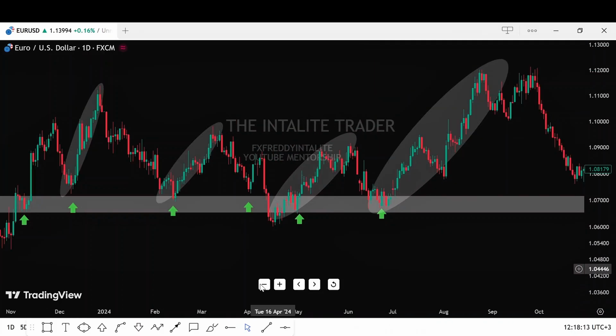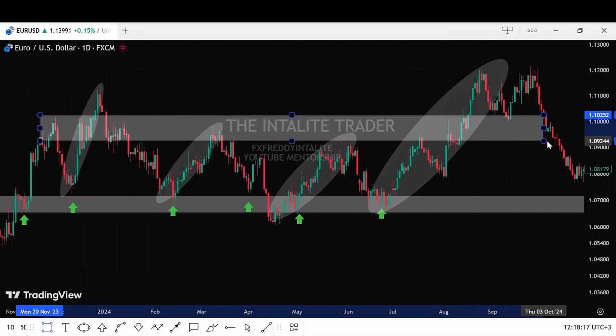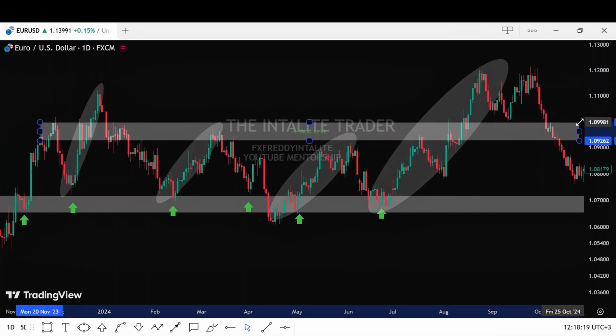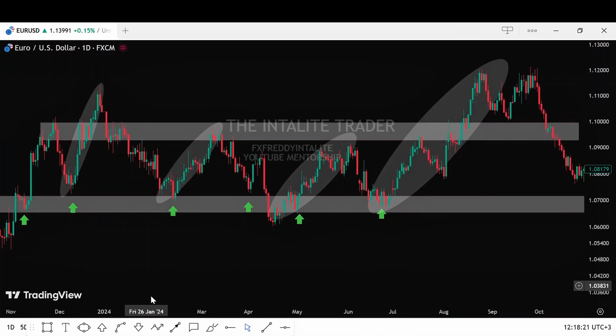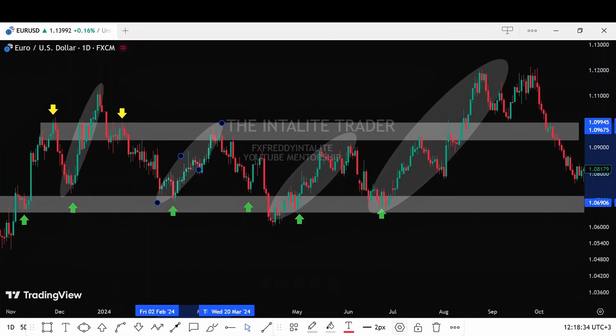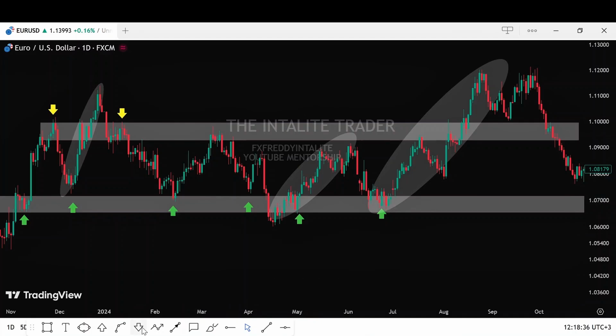If you look at this here, we say here price reacted to this level in the past, it again reacted to it here, then price traded into the same level.